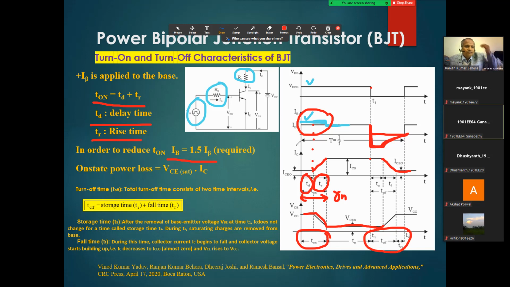As soon as the device turns on, you decrease the current to the normal current. The on-state power loss is VCE into IC. So if I ask the question to find the on-state voltage drop and off-state voltage drop, or the off-state power loss and on-state power loss, you can calculate based on this.